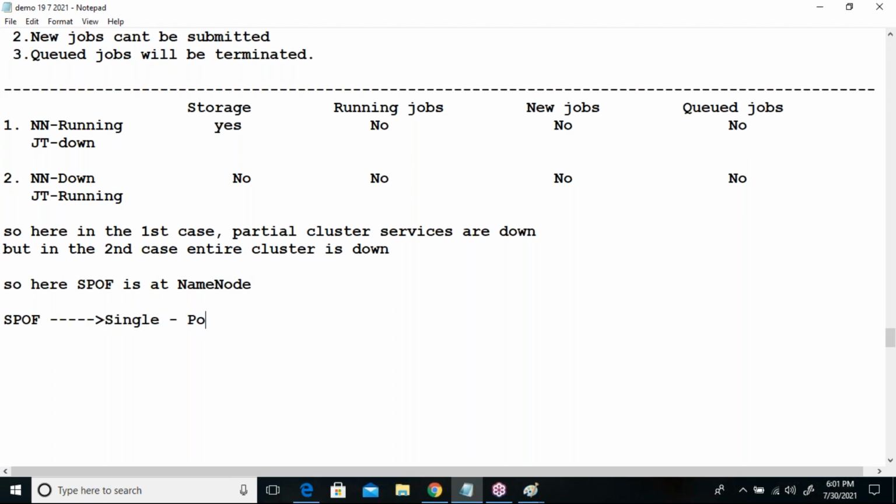Single point of failure. SPOF means single point of failure.